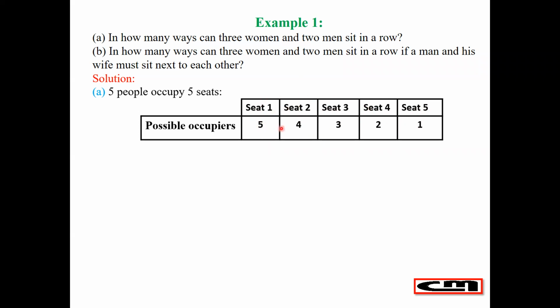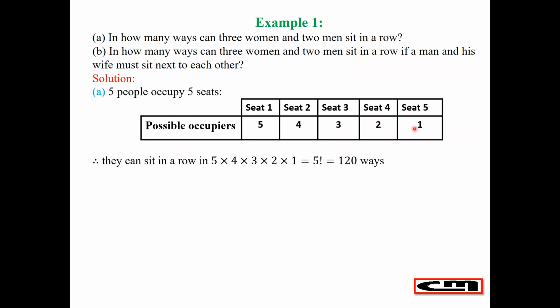But then the question would be, how are we going to sit them together? This is where the fundamental counting principle comes in, which allows us to say, all together, they can sit in a row in 5 times 4 times 3 times 2 times 1.